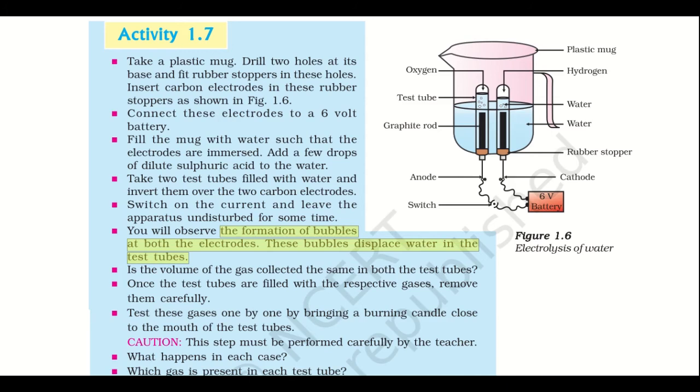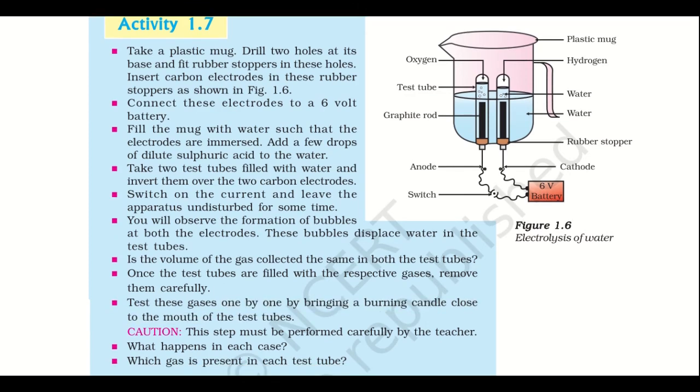Once the test tubes are filled with the respective gases, remove them carefully. Test each gas one by one by bringing a burning candle close to the mouth of the test tubes. So here, students, in one test tube oxygen will be collected, in the other hydrogen.